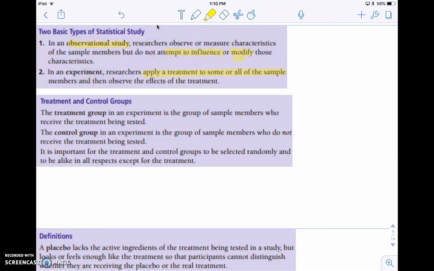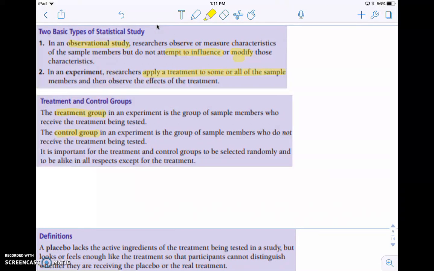When we're looking at what's called treatment and control groups in an experiment, a treatment group is a group of samples who receive some kind of treatment as they're being tested. And the control group is the group of sample members who do not receive that treatment.